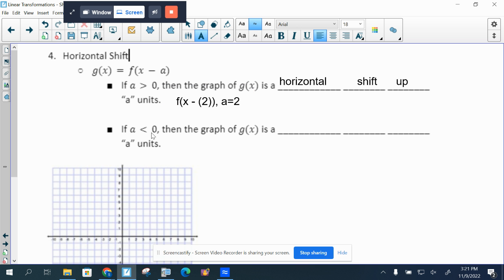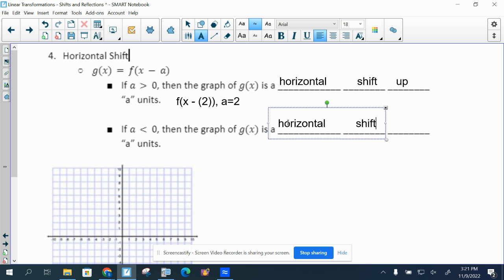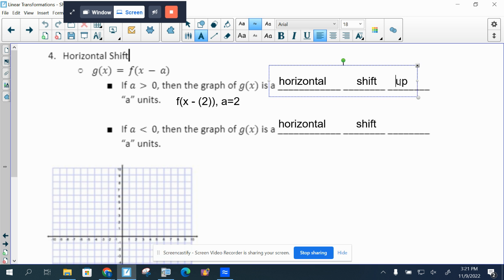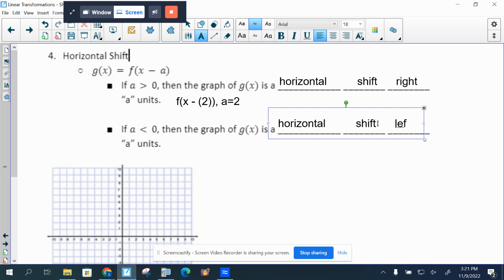If a is, and bear with me, this part is a little bit confusing, but it'll make sense in a minute. So if a is negative, then the graph is a horizontal shift. Oh, I'm sorry. Instead of up, you should be saying, not up, right, a units. So this is a horizontal shift left a units if it's negative.